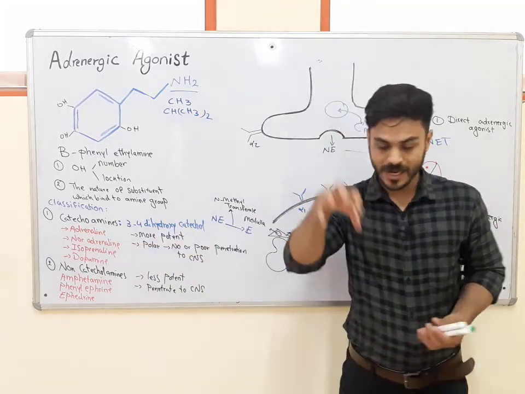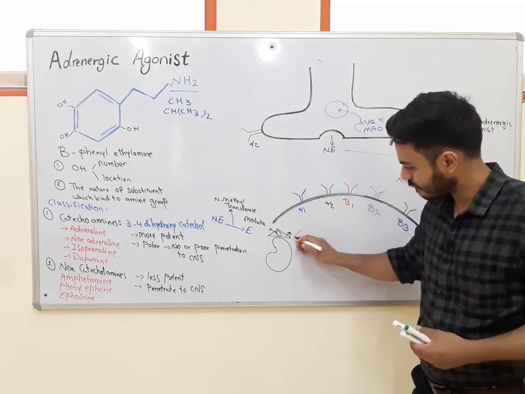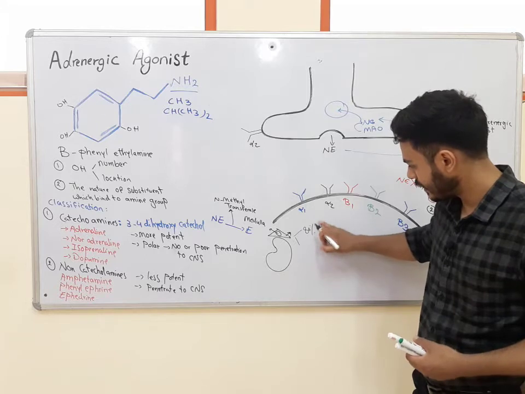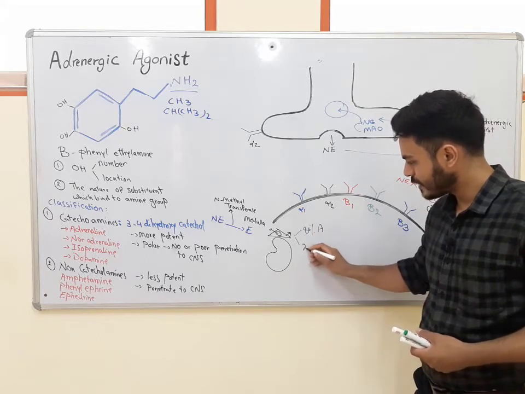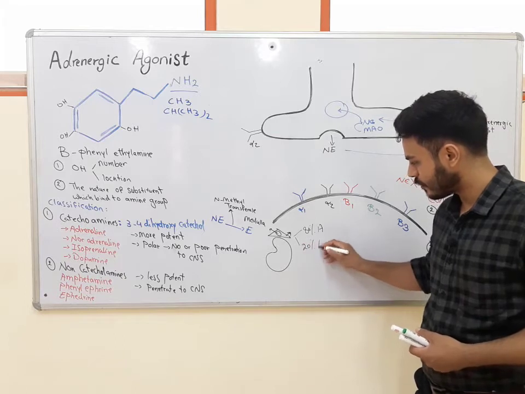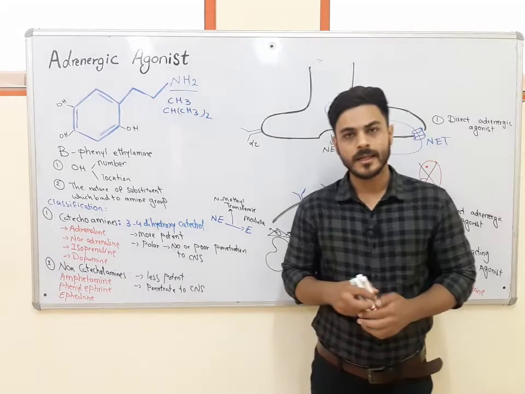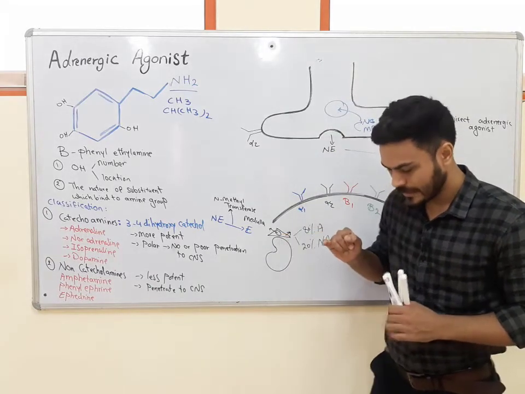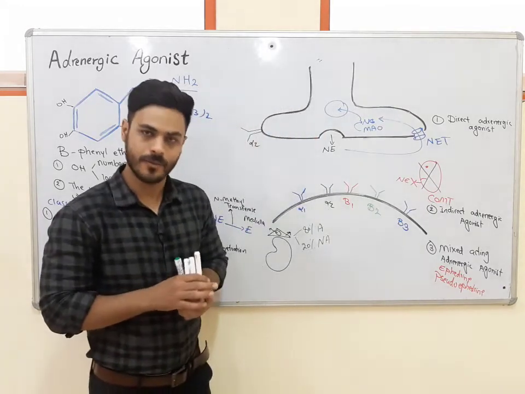By stimulation of the adrenal gland, we release 80% adrenaline or epinephrine, and 20% noradrenaline or norepinephrine.